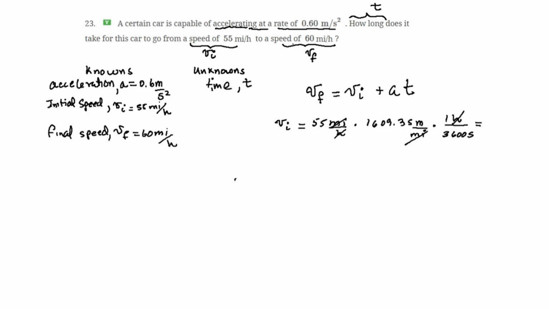When I do that, I get v sub i equals 24.6 meters per second. Now, let me get v sub f, v final. So v final will be my 60 miles per hour times, I have now to convert the miles to meters.